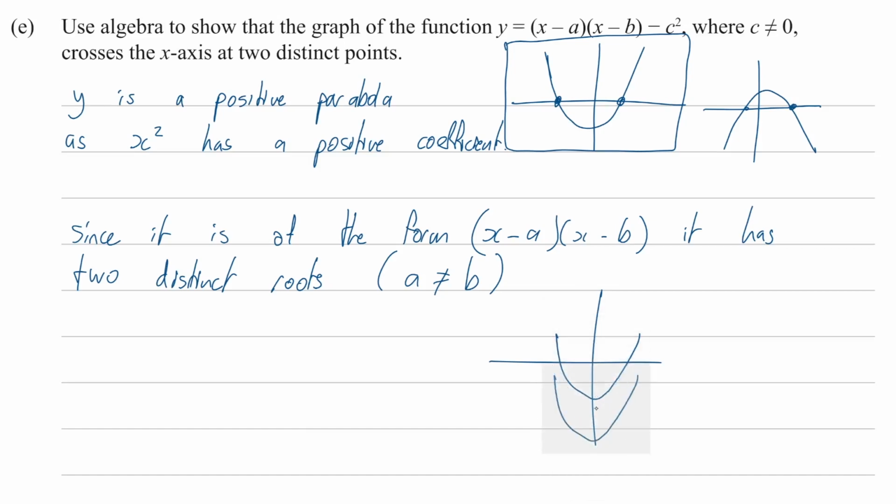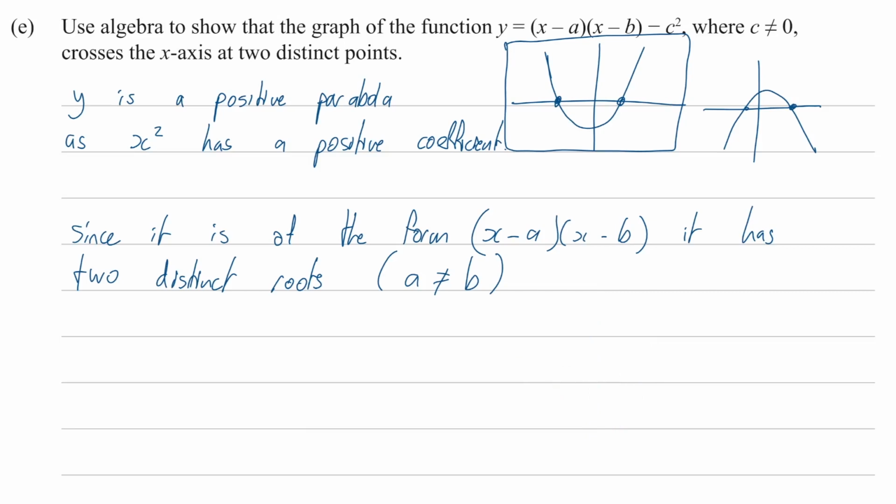It's never going to get higher. If it got higher, it might not have some roots, right? No roots here, no intercepts. But if we drop it and go lower, there will always be these two roots here. Of course, they'll change as you take it lower, but there will always be two distinct roots.